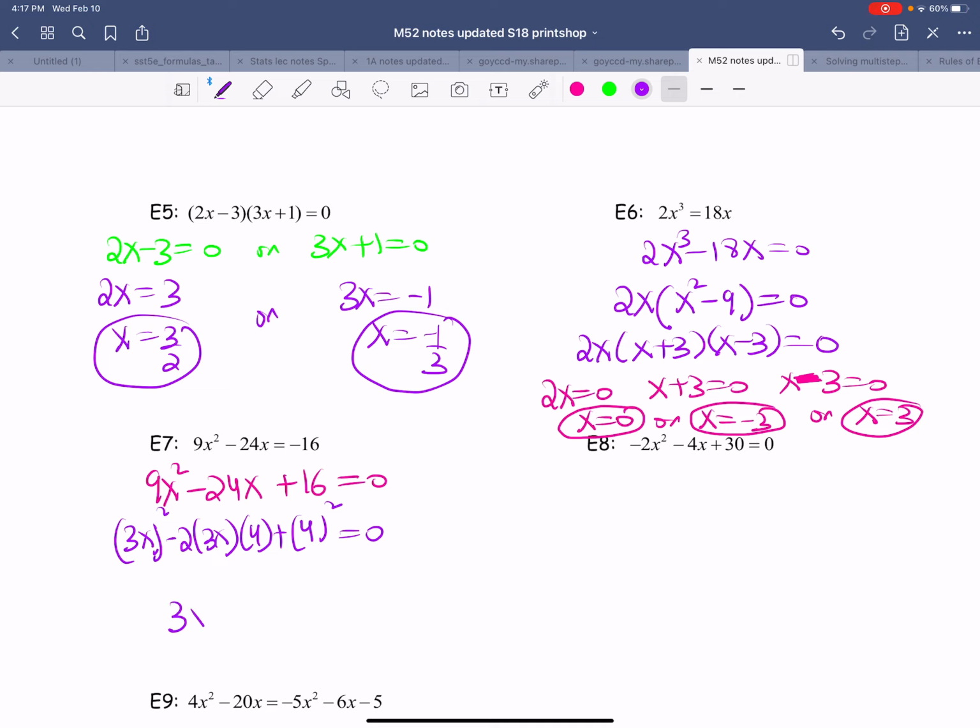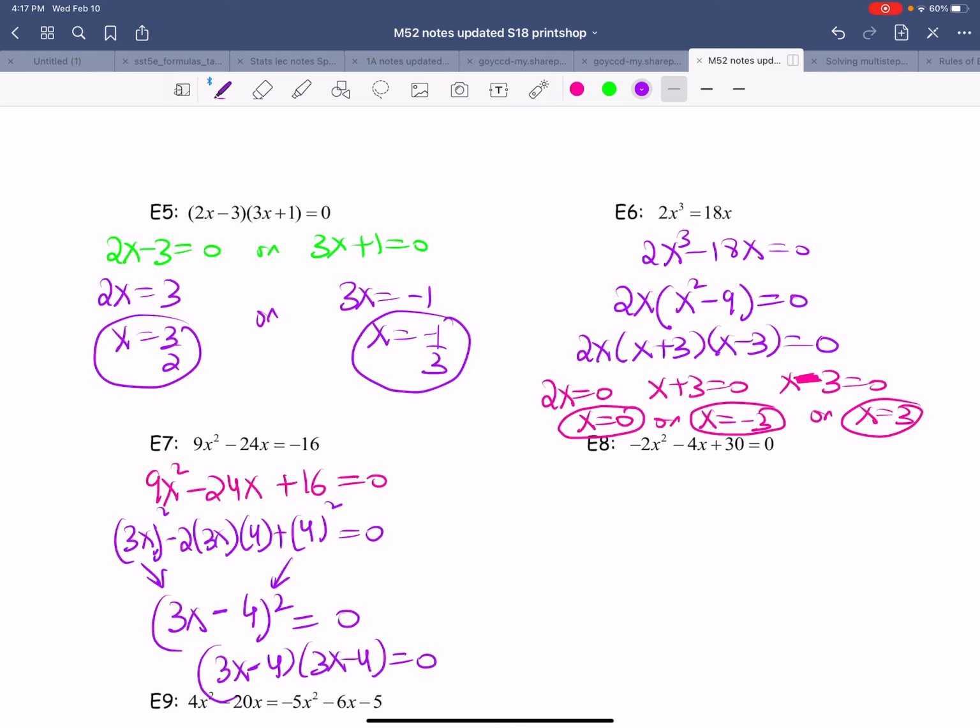So when you factor it, you bring the 3x here, you bring the 4 here, and you bring the sign of the middle term and square the whole thing. So here we have 3x minus 4 squared, which is the same thing as 3x minus 4 times 3x minus 4. Square of something means you have two of those.